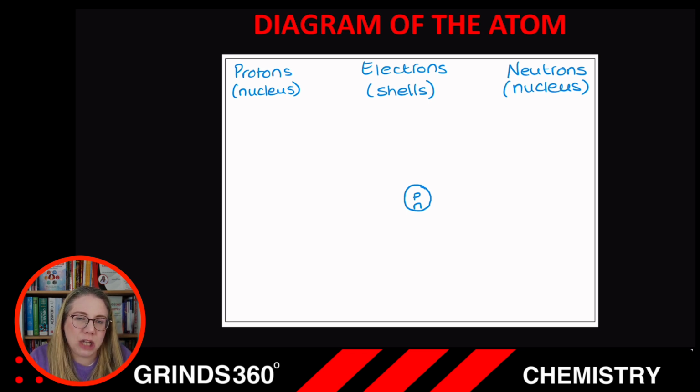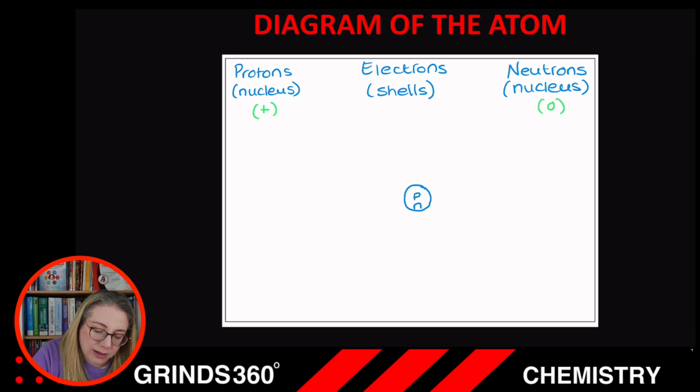Think about the subatomic particles that are in the nucleus. You have protons and neutrons. Overall, what charge does the nucleus have? The nucleus is going to be positive, and the reason for that is protons are positively charged and neutrons are neutral. They have no charge. So for that reason, the nucleus is positively charged.